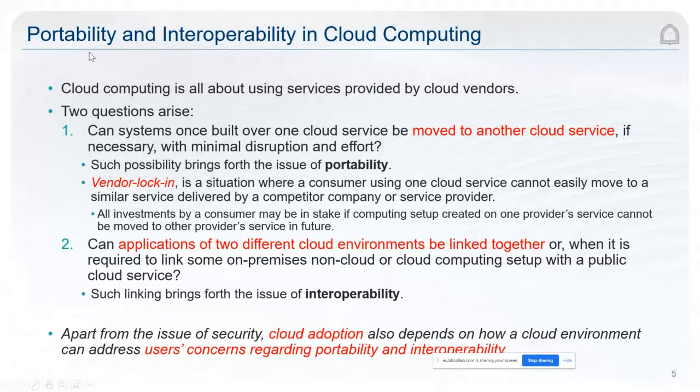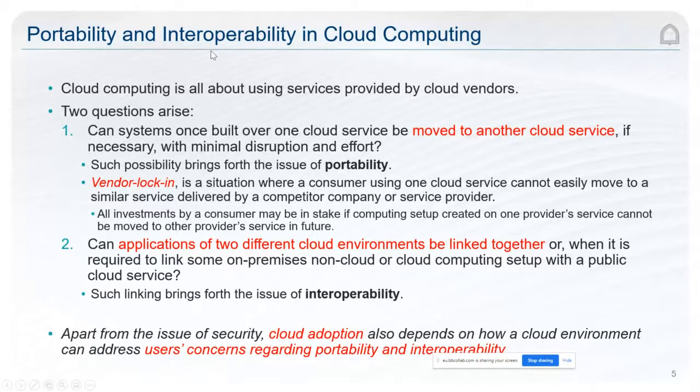Portability means the program can be moved from one cloud service to the other and works smoothly without any change. Again, portability means to move a program or a service from one cloud service to the other and still working, jumping from one cloud service to the other and still working. No configuration needed to make it work.